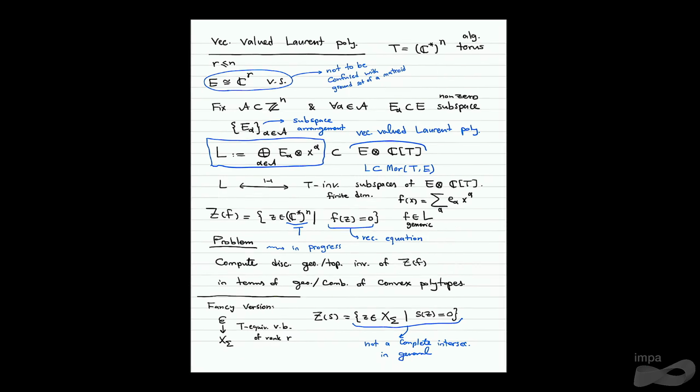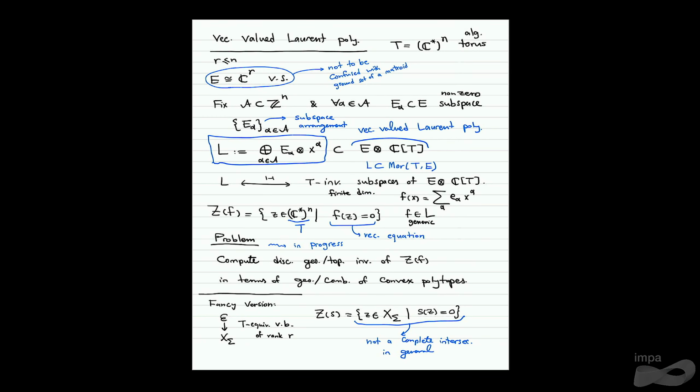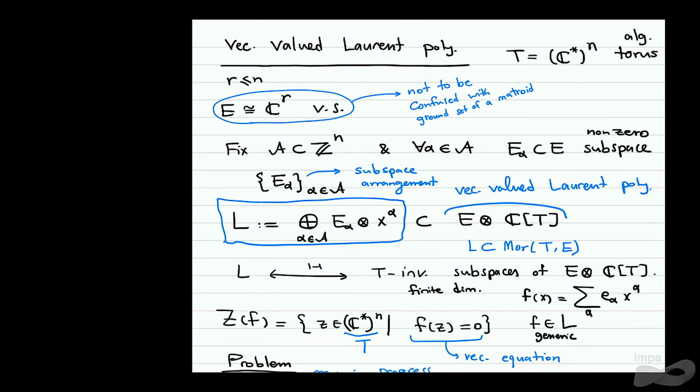Okay. Now I want to extend this setup to vector-valued Laurent polynomials. What do I mean by that? Instead of the coefficients of monomials being scalars, I want them to be vectors from a vector space which I call E. In matroid theory, E is usually the ground set of a matroid.